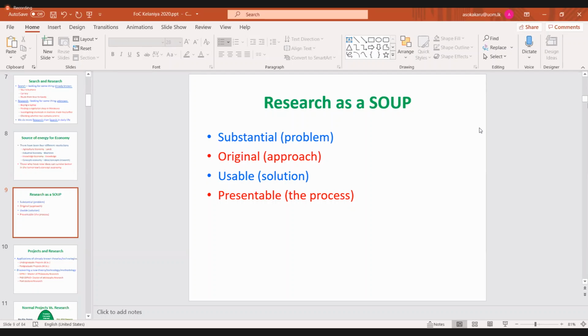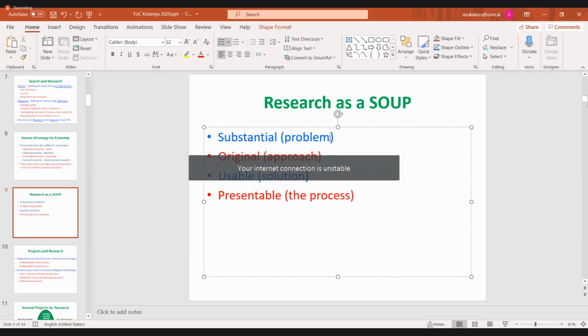Substantial means important. So the problem should be important.